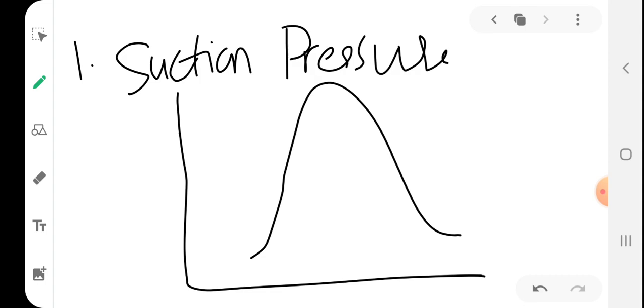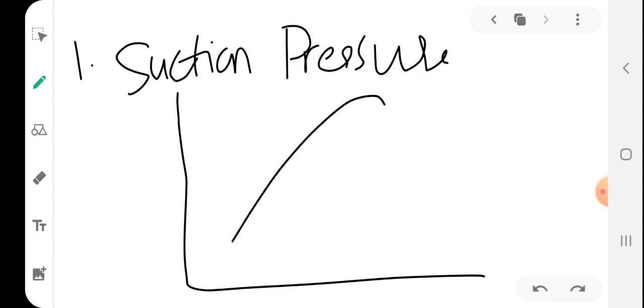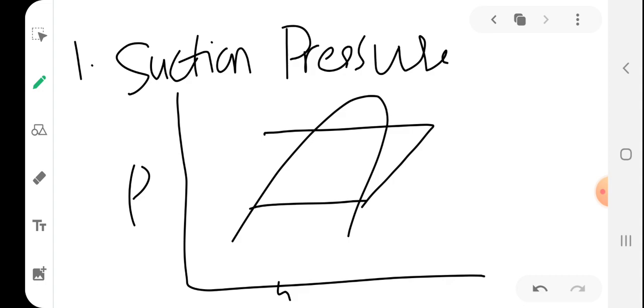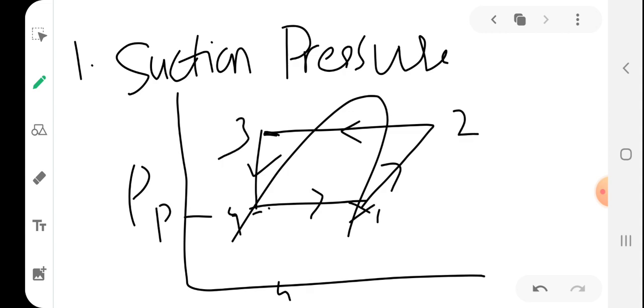So theoretically, if I draw the pH diagram, this will be the suction pressure. 1, 2, 3, 4. This pressure is called suction pressure. This is not the actual cycle; we are learning the effects based on the theoretical cycle itself.